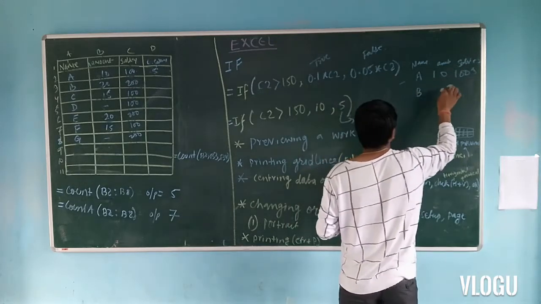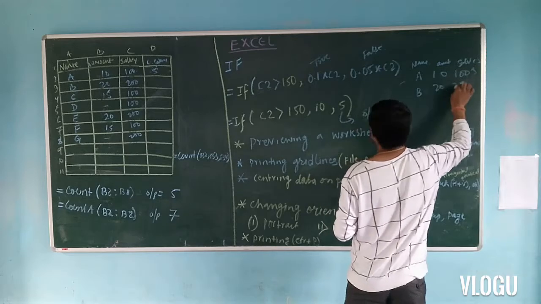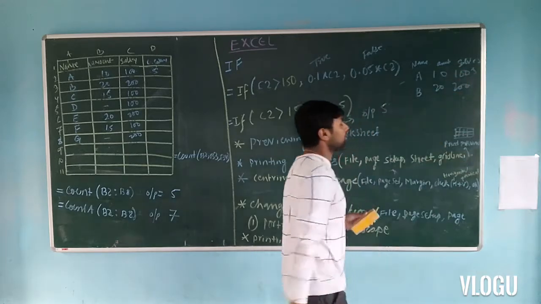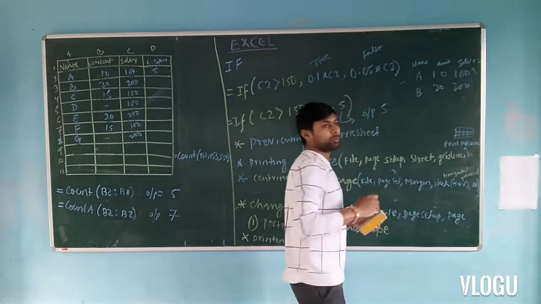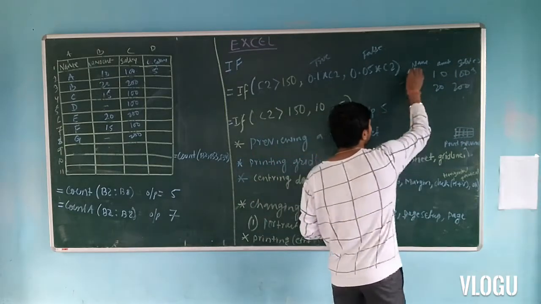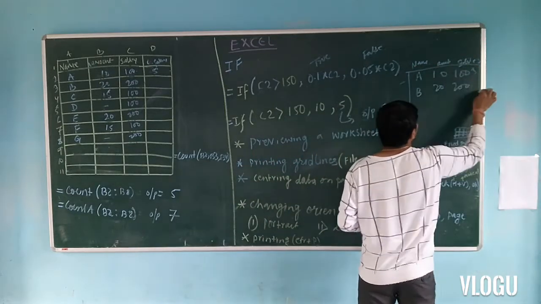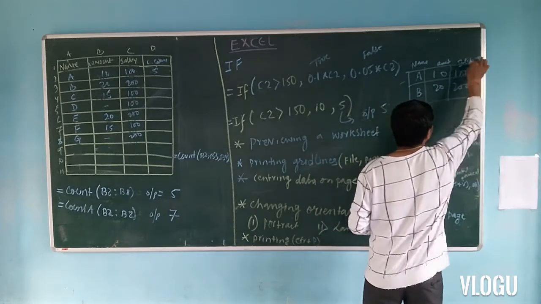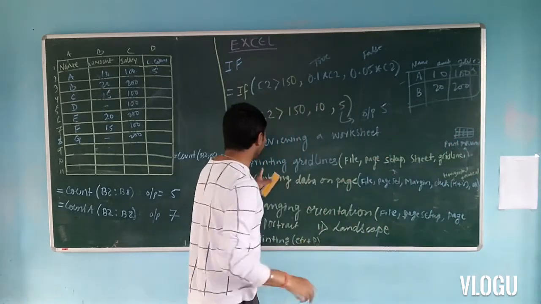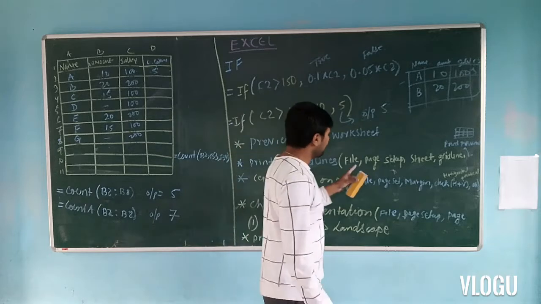So B, this is a 20, 200. This is what it looks like. If you want to make all these in box-wise, that means we have to make one horizontal and vertical box, we have to use this function. Printing grid lines.